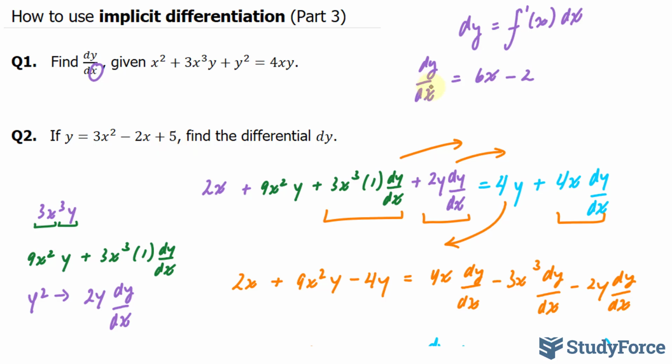Now all we have to do is multiply both sides by dx. And our final answer is dy is equal to 6x minus 2 dx. An equation containing a derivative, such as this one, is called a differential equation. And there you have it. That is how to use implicit differentiation.